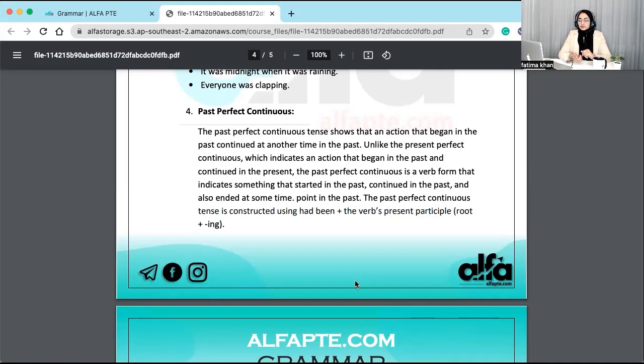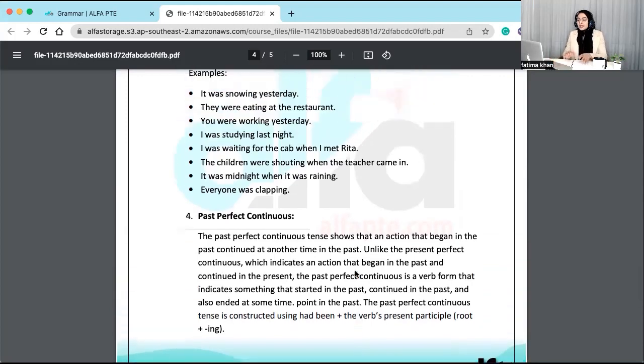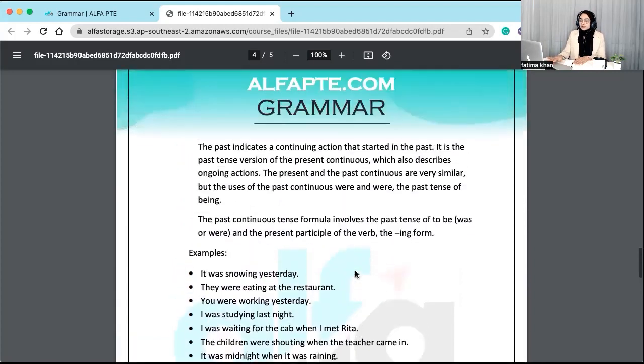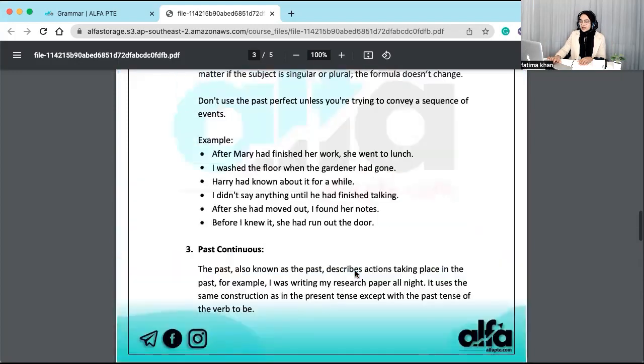All right. So if you have a blank which was I dash studying last night, then you know it is either was or were. If the action is something which is past and continuous, if it's past continuous, simple, was or were. And then even after that, it was always verb plus ing.